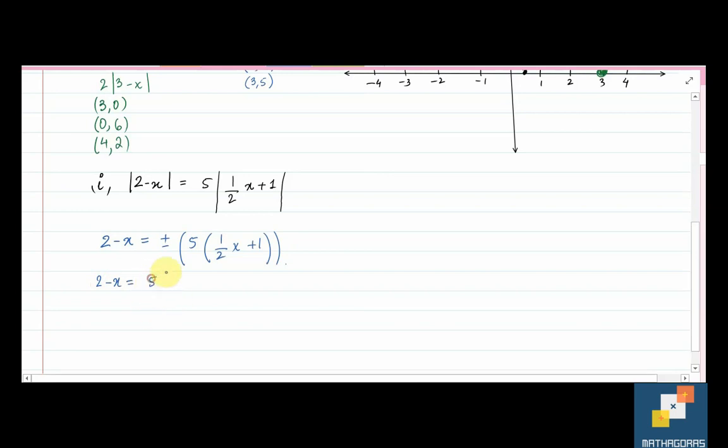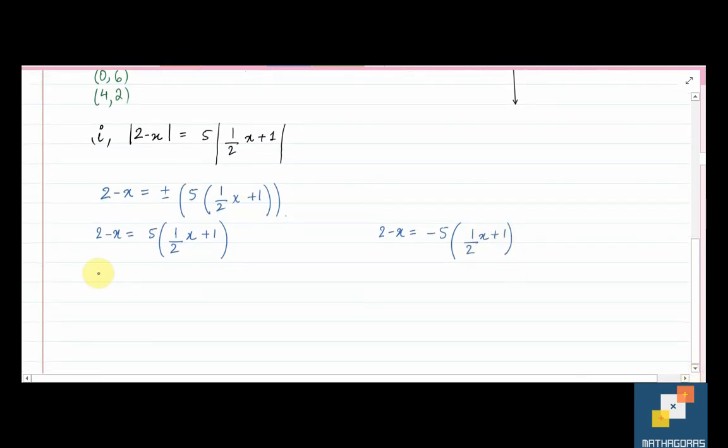It's 5 and bracket 1/2x plus 1, positive side, right? And then we need to solve it with a negative sign as well. So it will be -5 (1/2 x plus 1). We can solve it, but before that we need to multiply the bracket. It will be 5 upon 2x plus 5.